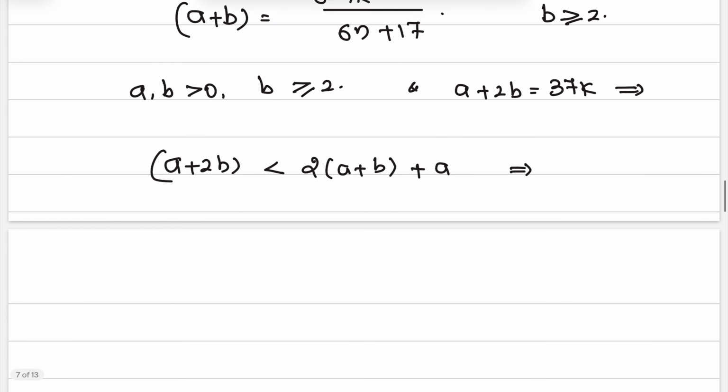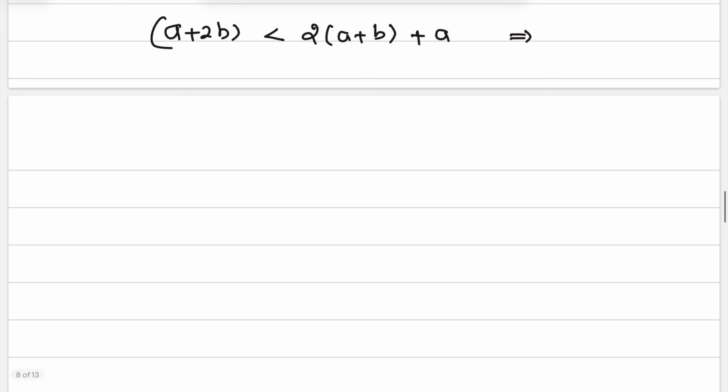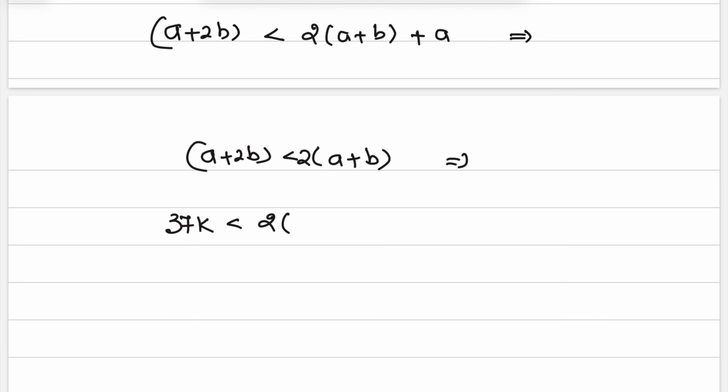That implies a plus 2b should be less than 2 into a plus b. That implies 37k should be less than 2 into a plus b, which is less than 999. 2 into a plus b is nothing but 2 into 999.